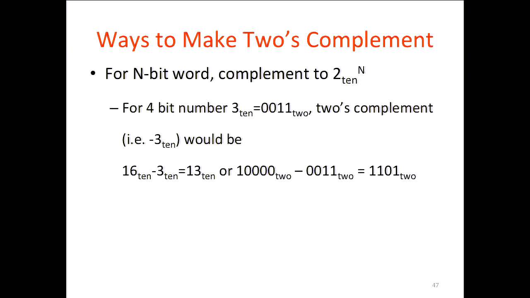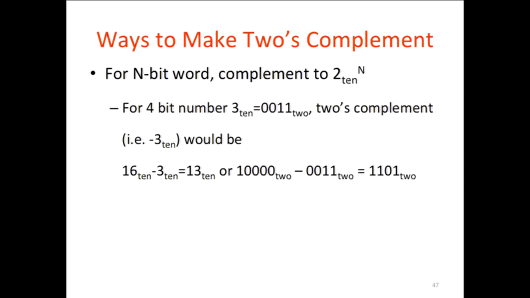So the definition is, for an n-bit word, just take a number and look at its distance from 2 to the n. So an example. Take a 4-bit number, let's say 3 in base 10. We would write it as 0011.